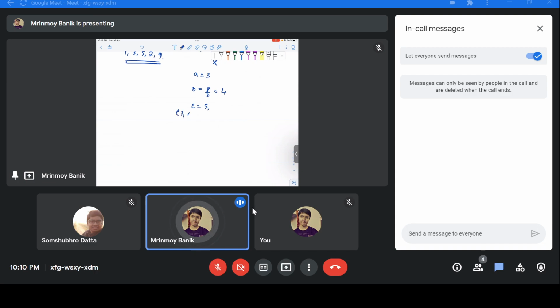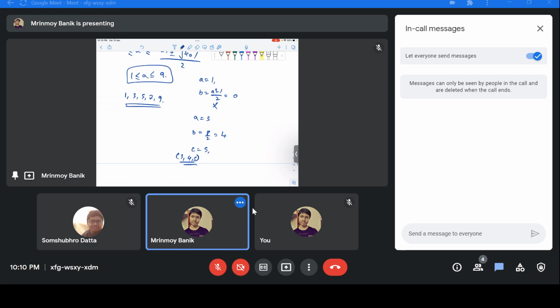So 3, 4, 5. I don't think we need to recheck that Pythagoras condition. It should already be true. For 5, we get 24 by 2, that is 12, and c is 13. That is another tuple. So 5, 12, 13.